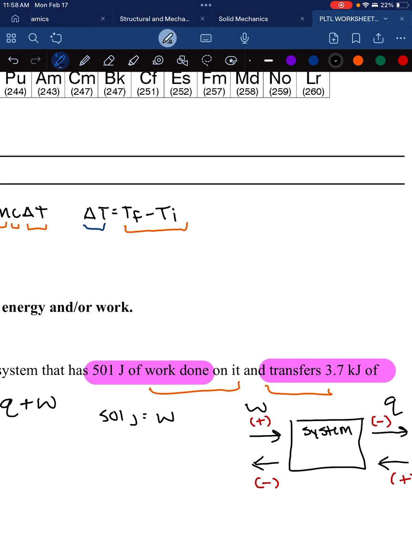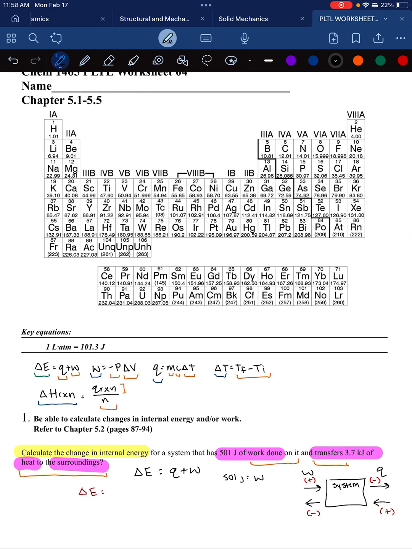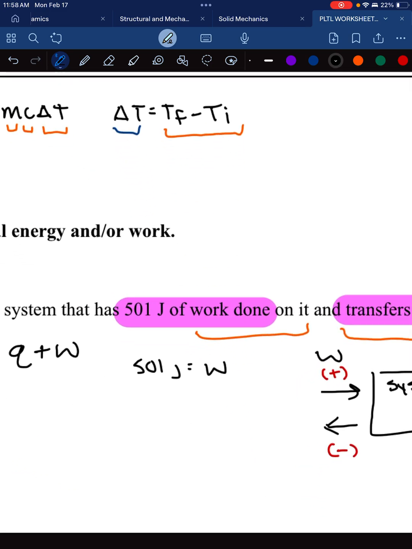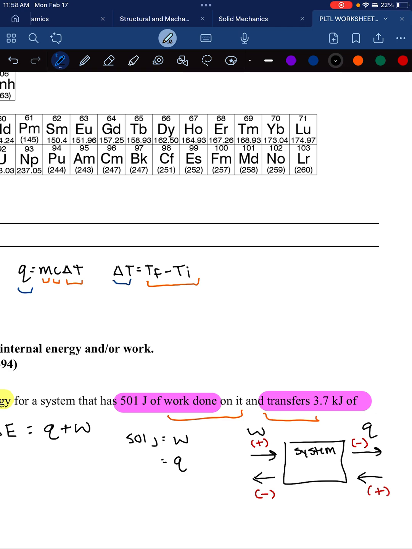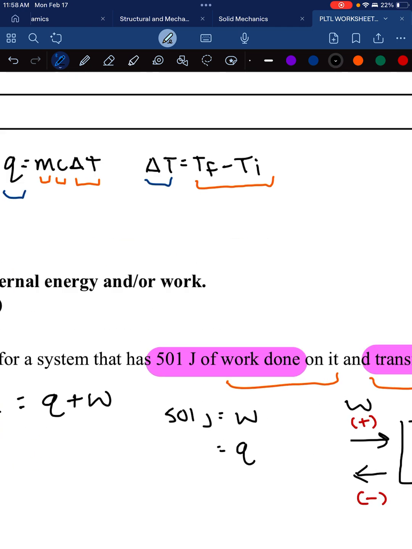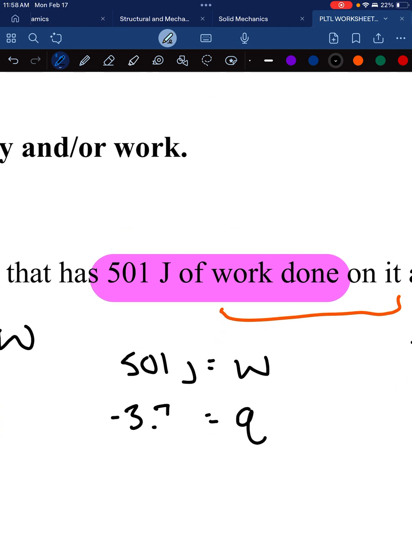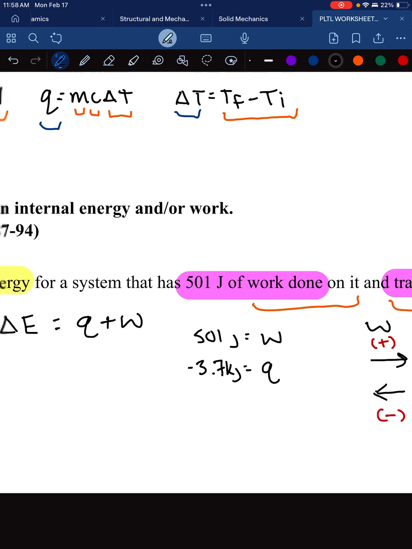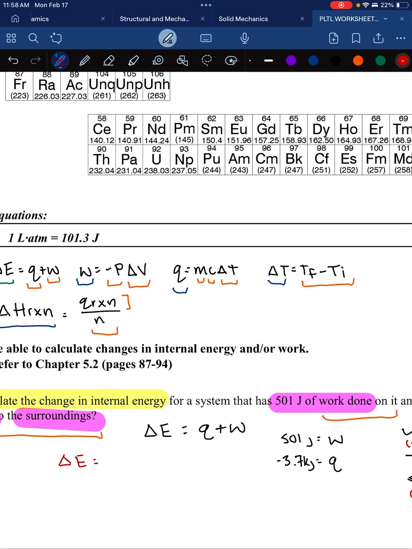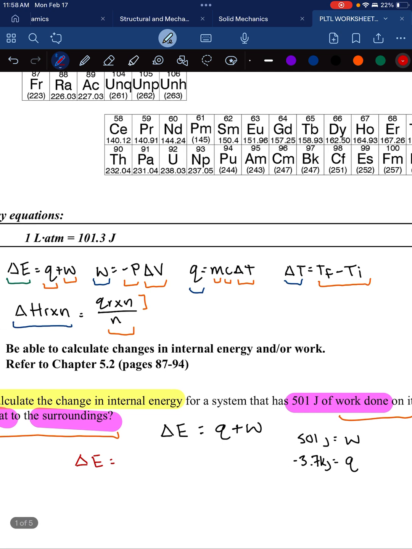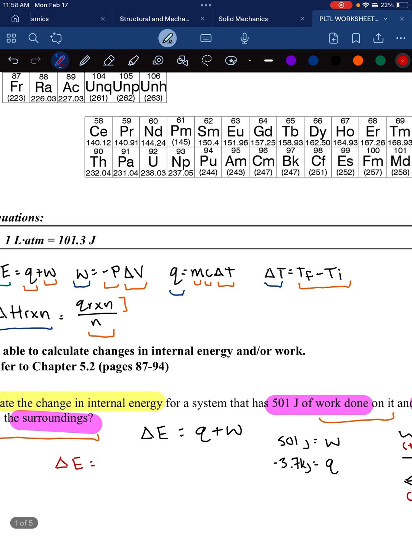Okay, and now transfers 3.7 kilojoules of heat to the surroundings. If it's transferring, then Q is going to be negative. It'll be negative 3.7 kilojoules. All right, so there's our variables, and we want to find delta E, or change in internal energy.